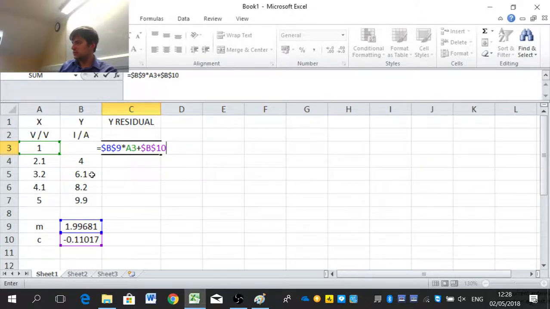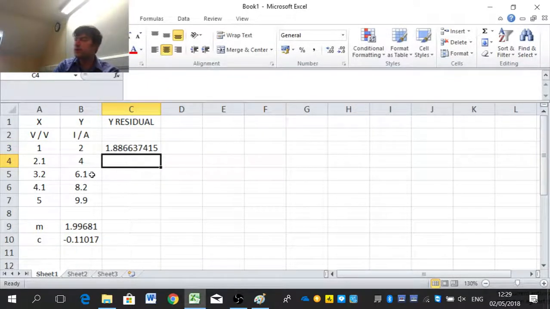Keep it constant. If you click and drag, it will change its value. But now it won't. So, watch, you're right. If I press enter, I should get a number which is close to 2. And I do.